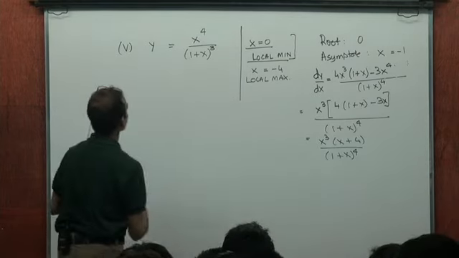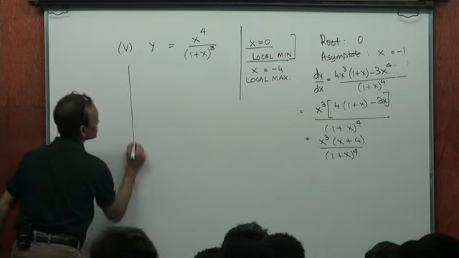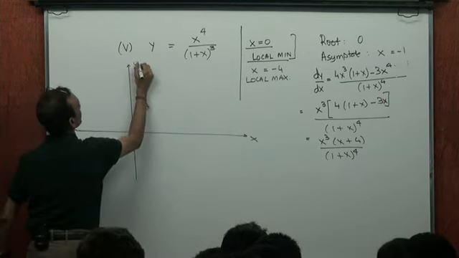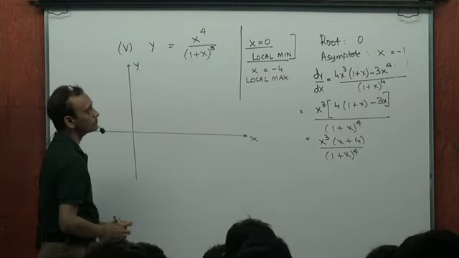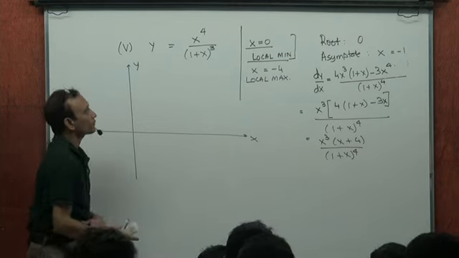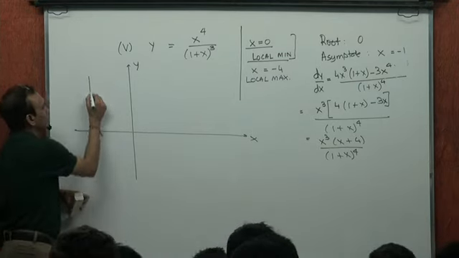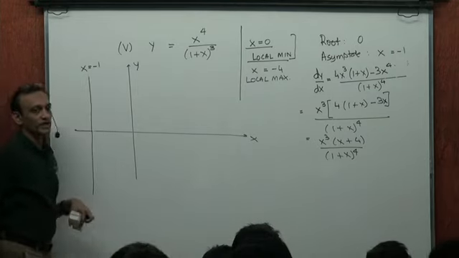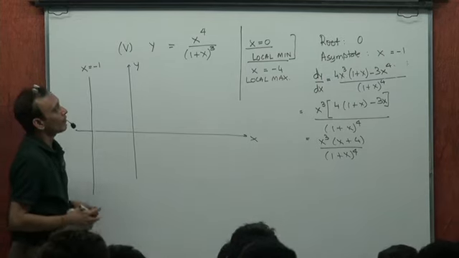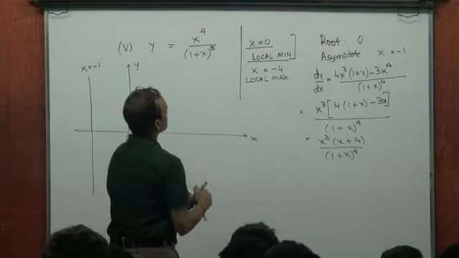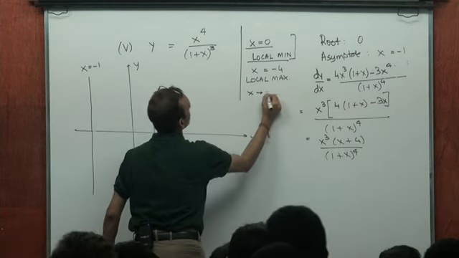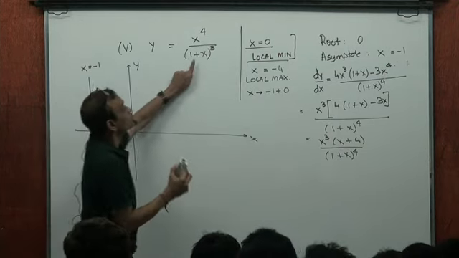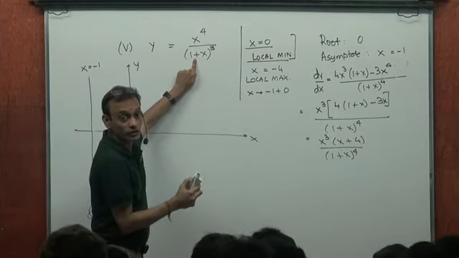Now, let's start putting it all in place. This is the asymptote x equal to minus 1. Do you also see that as x tends to minus 1 from the greater than minus 1 side, y would tend to plus infinity?